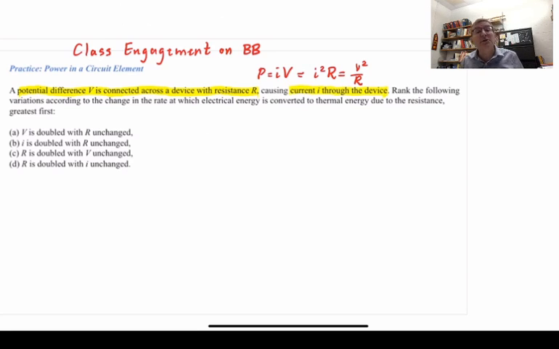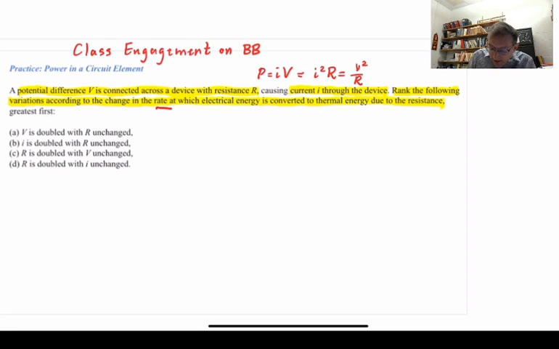And we're going to make some changes, and we're going to ask you to think about how the power has changed. So here's what it says. Rank the following variations according to the change in the rate at which electrical energy is converted to thermal energy due to the resistance. Now watch out, that's code.